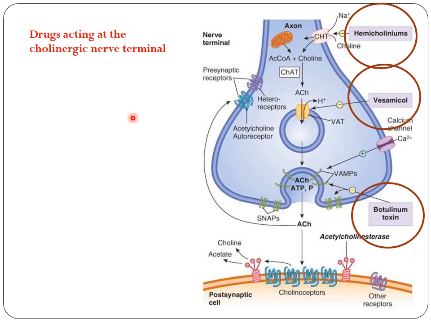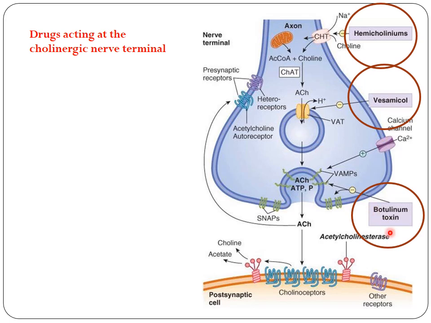Lastly, we also have drugs that act centrally to block the cholinergic system. For example, we have hemicholinium that inhibits the transport of choline and synthesis of acetylcholine. We have vesamicol that decreases the storage of acetylcholine.